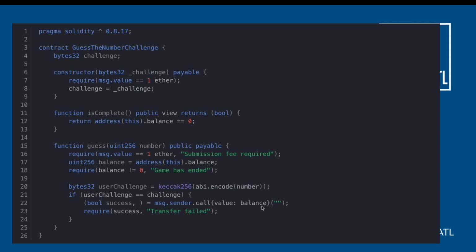Perfect. And the player that wins will receive the balance that is set here. This is the balance of the contract. So that's how the game is played.